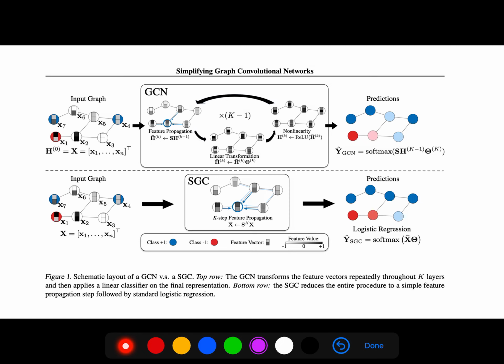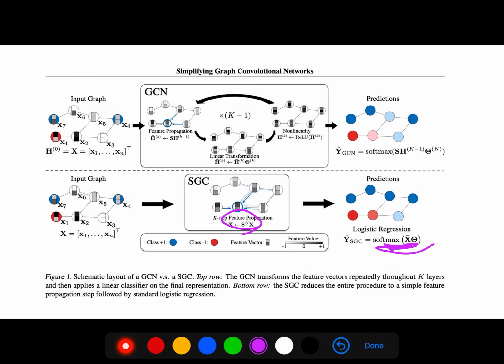So instead of k layers, you just multiply matrix S k times, and that's it, and then you give it to the softmax. Because here we have just a simple logistic regression.